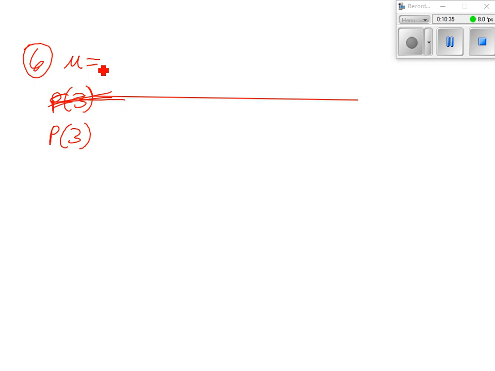Number 6 says assume Poisson's distribution applies. Use the given mean to find the indicated probability. And on this one, we want to find probability of 3, and we're using a mean of 6.